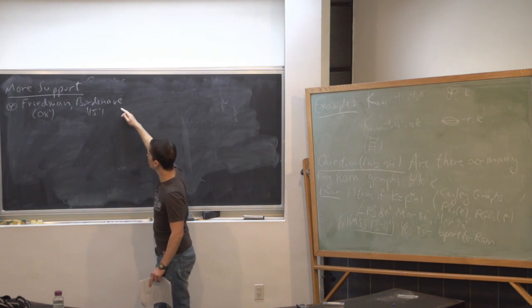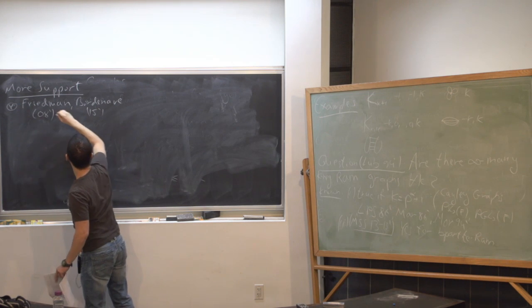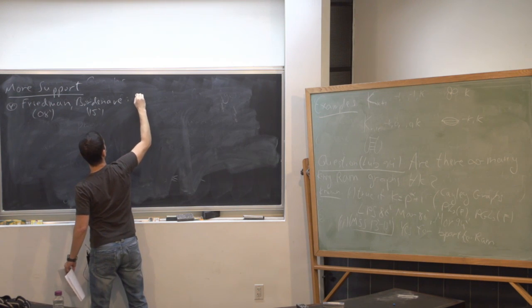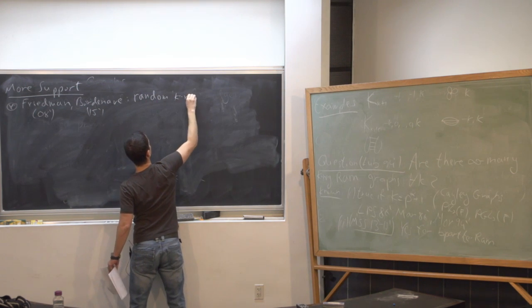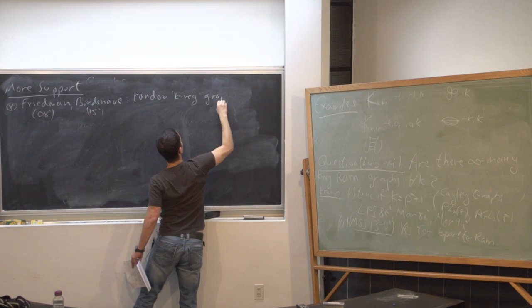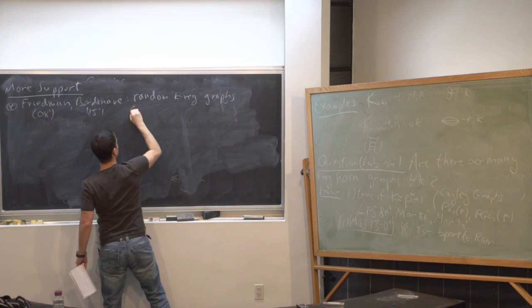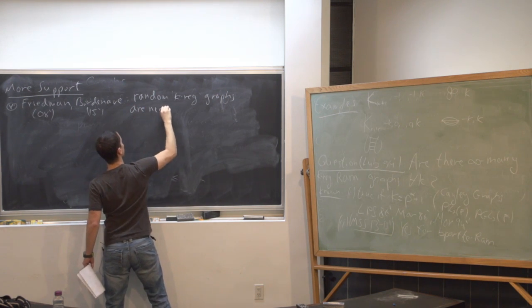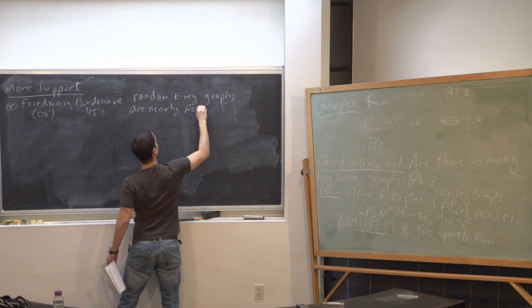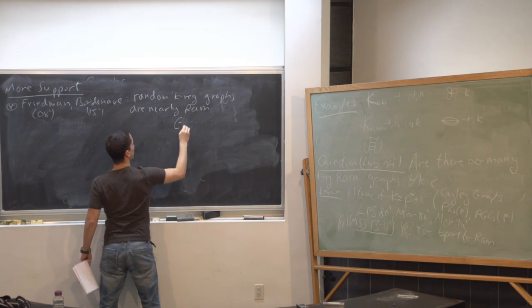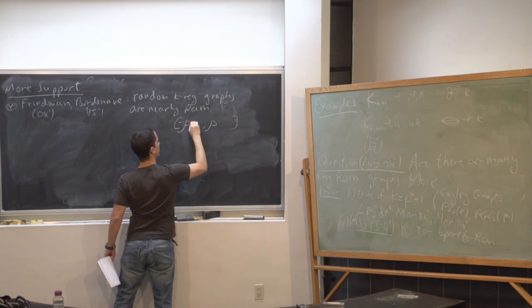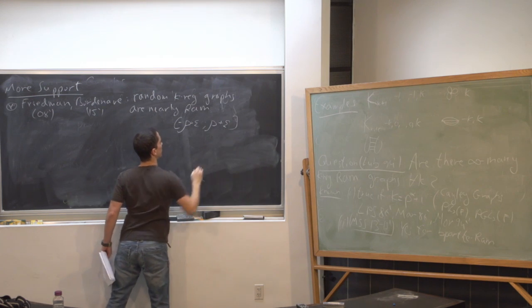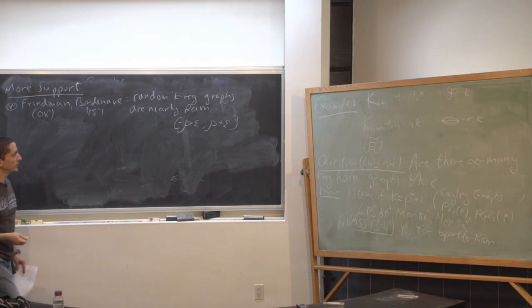This is a result of Friedman, but there is a new proof by Charles Bordenave. They showed that random k-regular graphs are nearly Ramanujan. It means that if you look at the eigenvalues, instead of being between minus rho and rho, if you add an epsilon, then almost every graph has its eigenvalues fall into this interval.